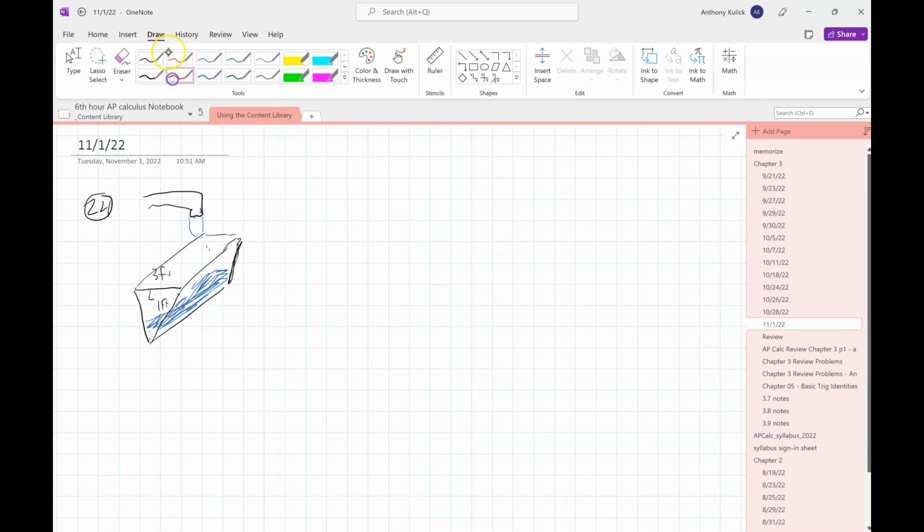All right, so the shape of the water in there is a triangular prism. So my volume is going to be the area of the base times the height, which in this case we're told it's 10 foot long. That height is going to be constant regardless of how deep that water gets, right?